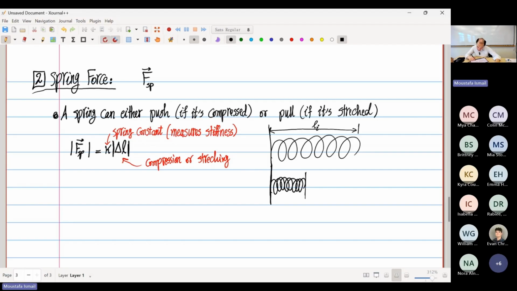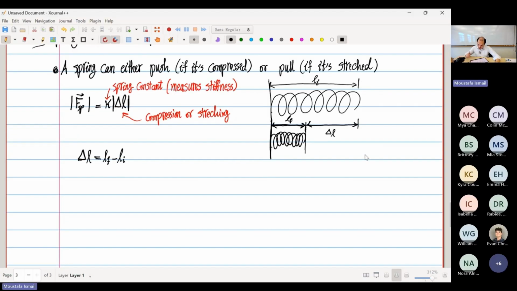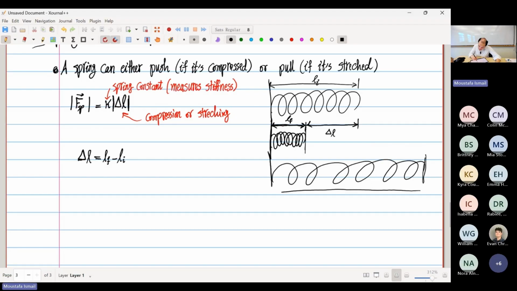So now it is at a length L final. This is delta L here. So delta L can also represent a spring that is stretched. So this could have been the L final instead. And in that case, measured from the relative position, that would have been delta L, depending on the situation.